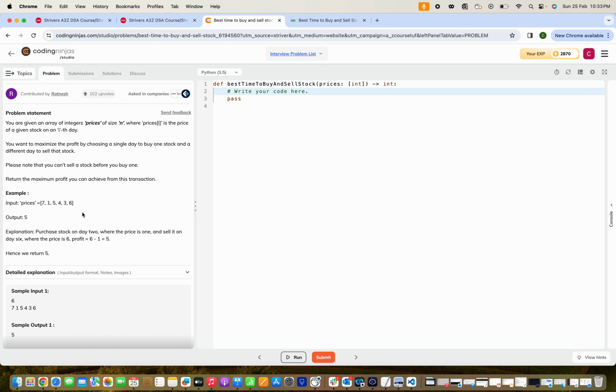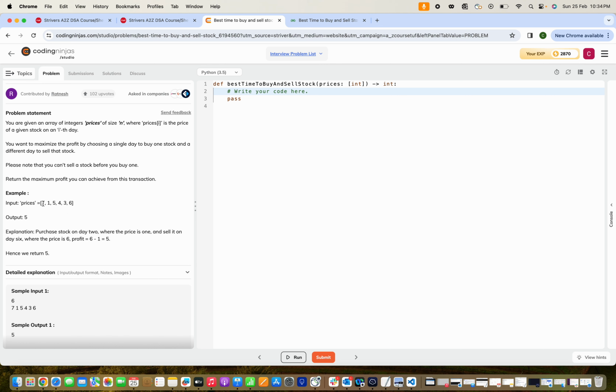So there are various ways of approaching this problem. First, we are going to consider the naive approach. The way I explained, we are going to iterate over all the elements in the array and find the maximum profit. We will have an outer loop that will start from 0 to n minus 1, and an inner loop that will start from 1 to n.